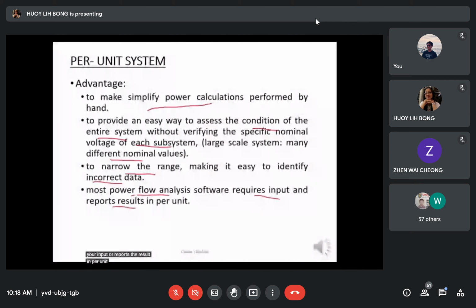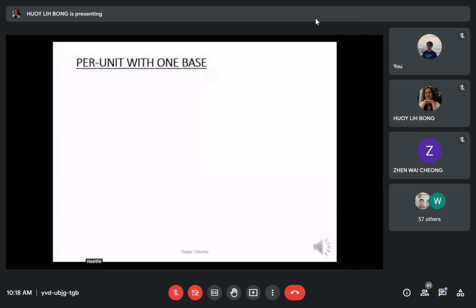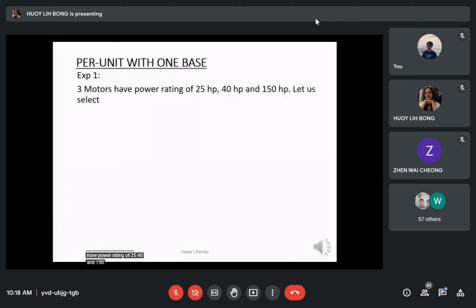Per unit with one base example. 3 motors have power ratings of 25, 40, and 150 horsepower. Let us select an arbitrary base power of 50 horsepower. Find the per unit for the 3 motors.